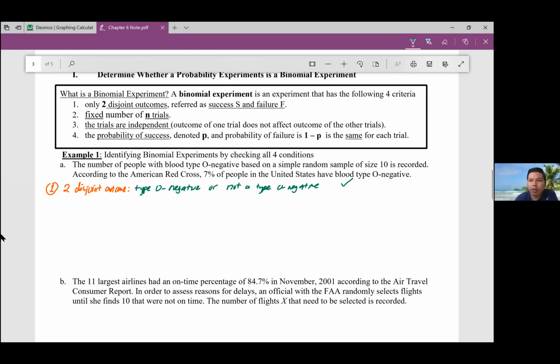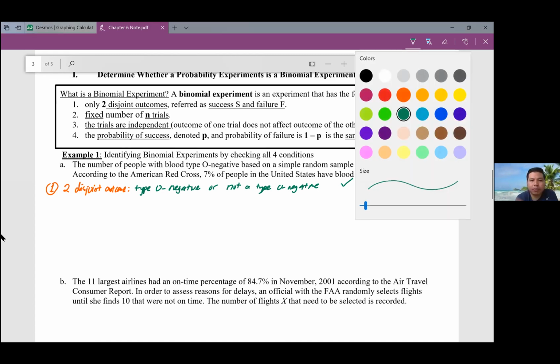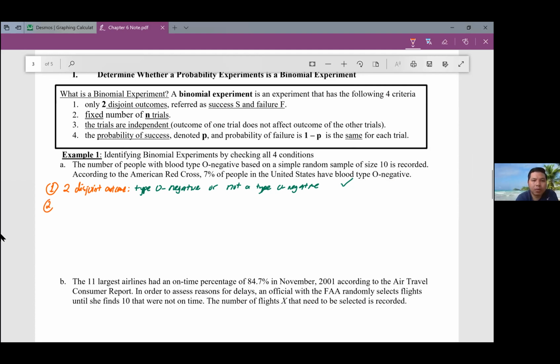All right, number 2: a fixed number of n trials. When trying to see whether it's true or not, how many times are they conducting the sample? 10 times, right?